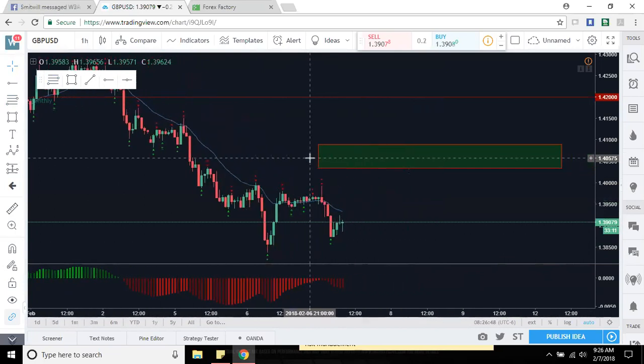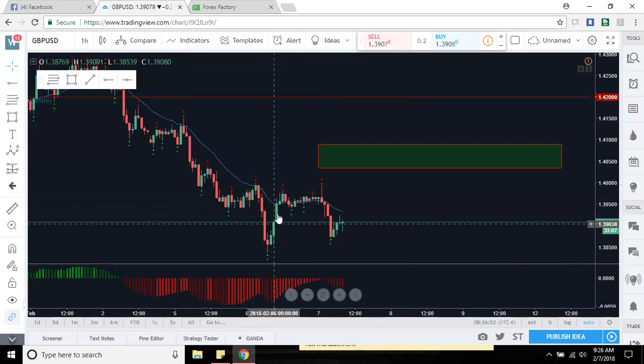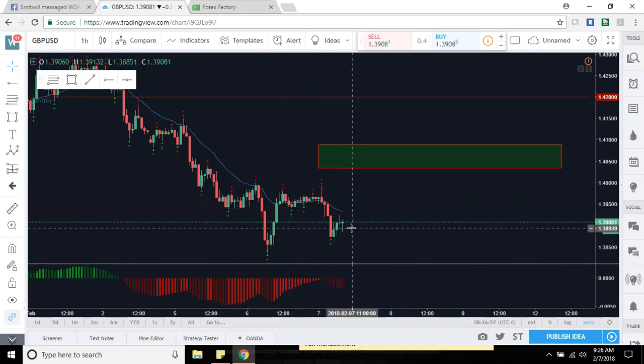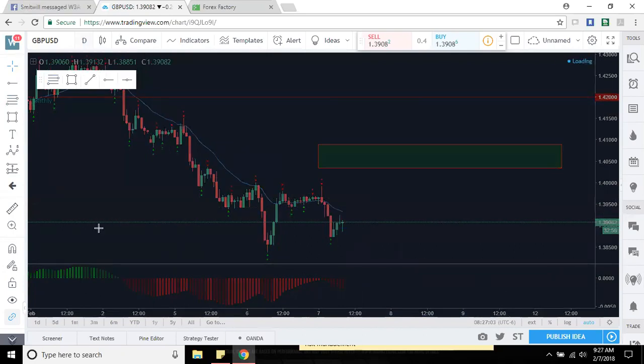Looking at this formation right here, this is our buy situation or our buy model. But again, we're looking for the short because we're following the longer time frames.